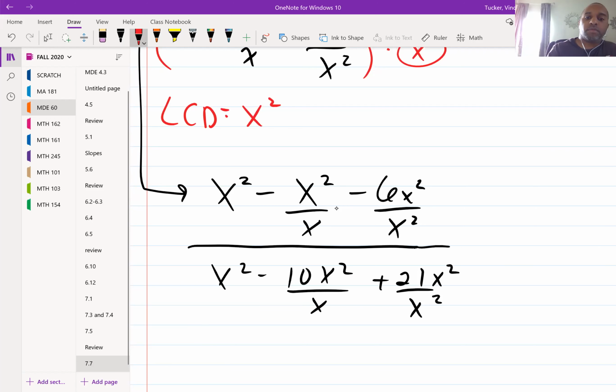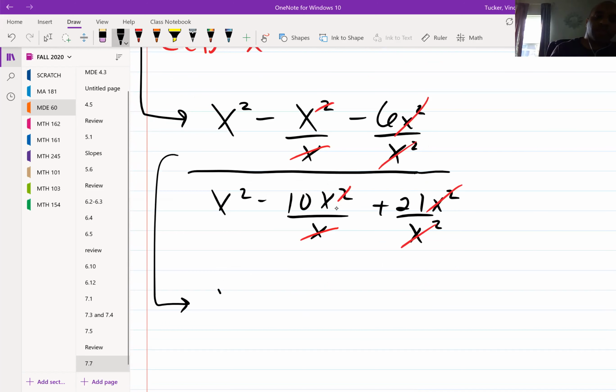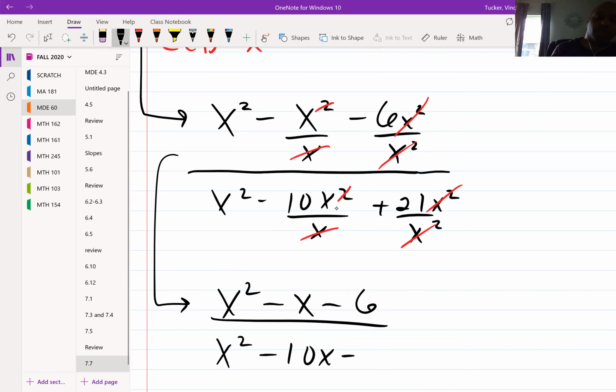So x, cancel out one of these x's. X squared cancels out completely here. So what you're left with is x squared minus x minus 6 over x squared minus 10x plus 21.